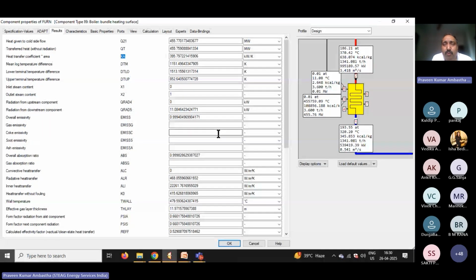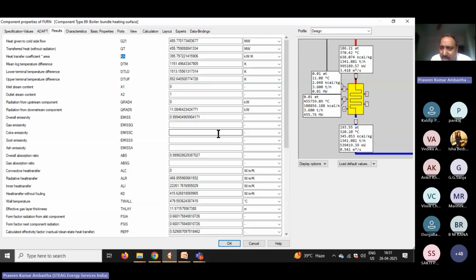because, as we know, we have convection heat transfer and radiation heat transfer in the first pass, and only convective heat transfer in the second pass. So both convective and radiative heat transfer are taken into account for this furnace, and then we calculate the heat transfer coefficient.